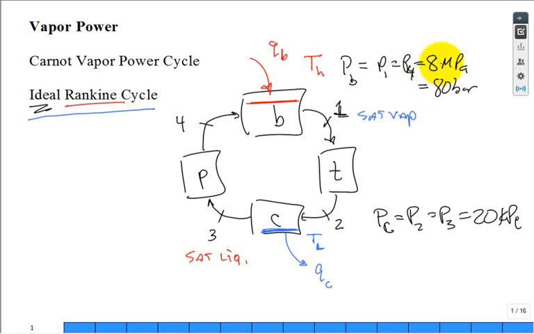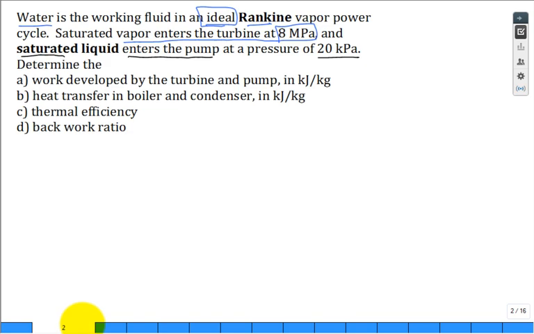All right. Let's look at our problem again. Determine the work developed by the turbine and the pump. Well, lowercase wT, because look at the units, kilojoules per kilogram. And we anticipate that will be a positive answer. And then wP for the pump, and yes, I'm going to anticipate a negative in the sense that the pump is not work producing, it's work consuming, in kilojoules per kilogram.